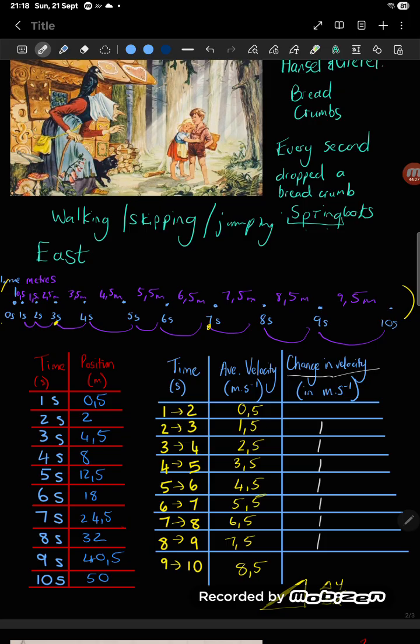And what is the change in velocity? It's meters per second over, in the x-axis, another second, which is meters per second squared, which gives us acceleration. Check your units. Your units will tell you the story.